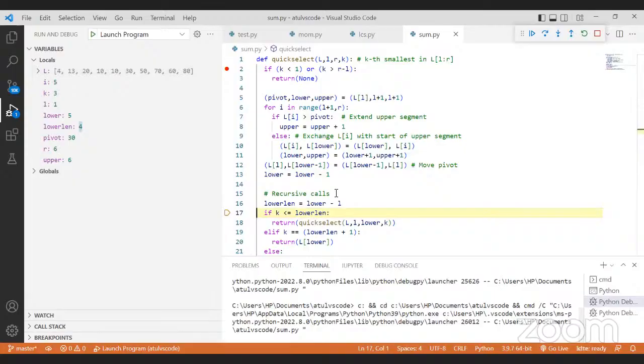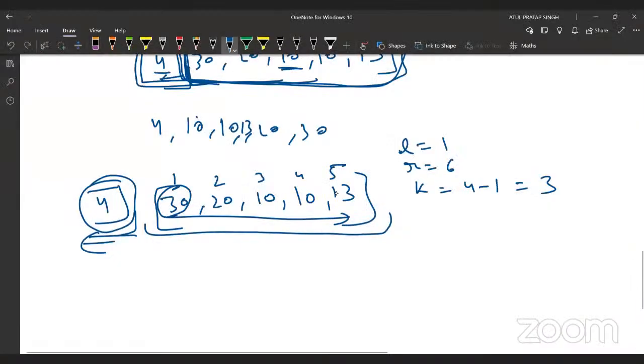If you see this part of the list, when we select this as a pivot, after the partition process this element will come at the last position because it is the greatest element in this part. So 13, 20, 10, 10, and 30.